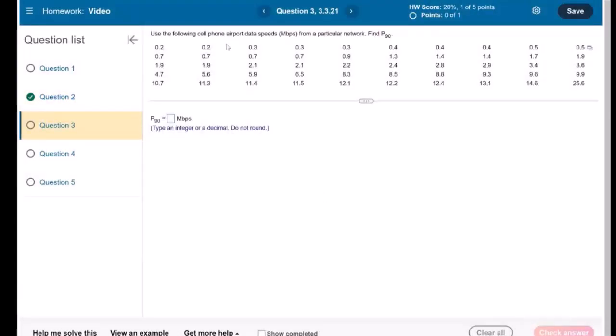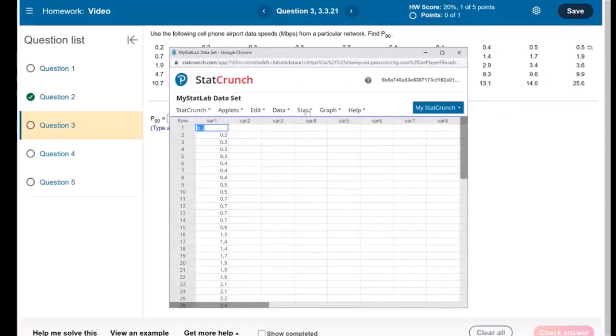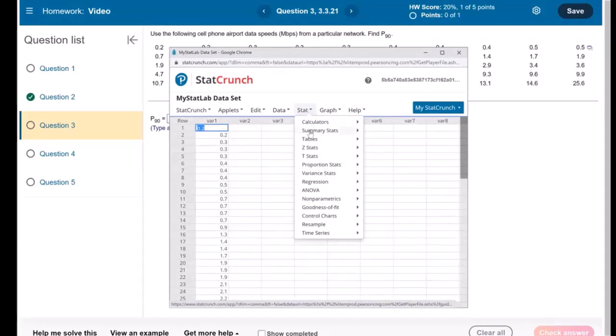Use the following cell phone data speeds in megabits per second from a particular network. Find P of 90. If you remember, this means that 90% of all values are below that. I'm going to click on this box, open in StatCrunch. Now I'm going to go to Stat, Summary Stats, Columns.